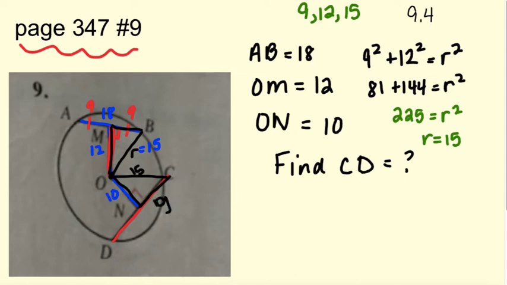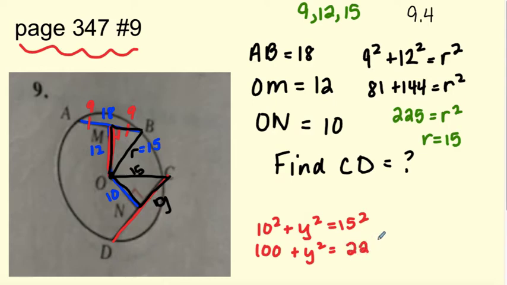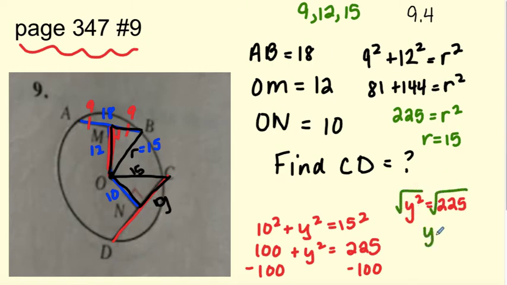So now I'm going to do 10 squared plus y squared equals 15 squared. 10 squared is 100, plus y squared is 225. I subtract 100 from both sides, and I get y squared equals 225. And then I take the square root of both sides. So y works out to be 15.